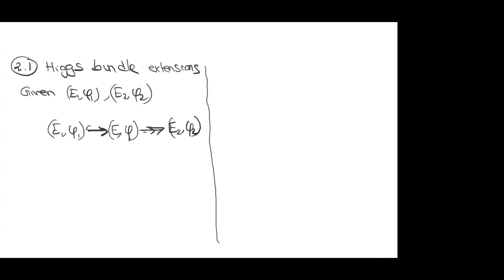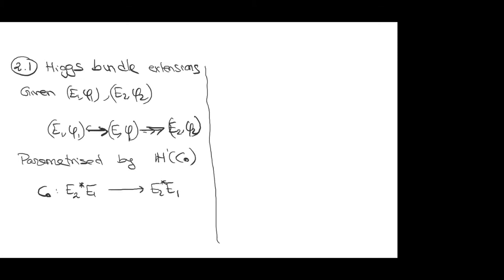And these are parametrized. And this is Thaddeus' proof. His aim was to study the deformations of parabolic bundles, but this extends beyond. So these are parametrized by a hypercohomology group. It's the first hypercohomology of a given complex. So we have the complex given by two terms.